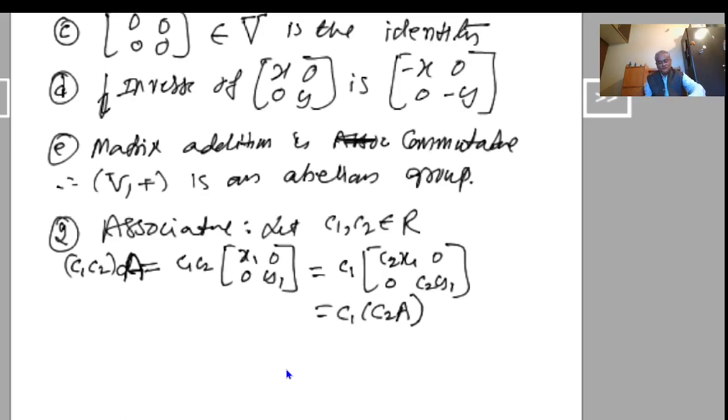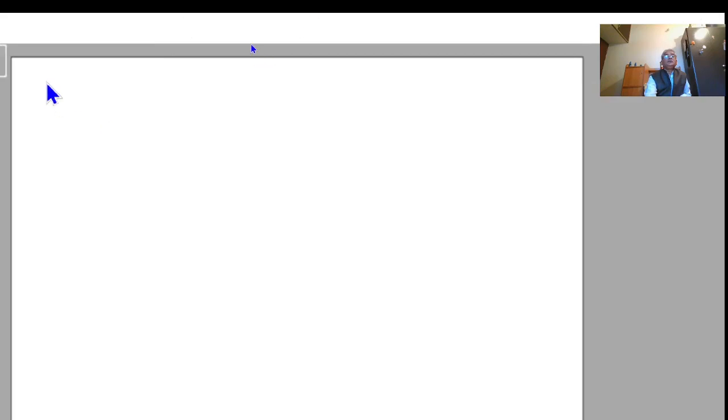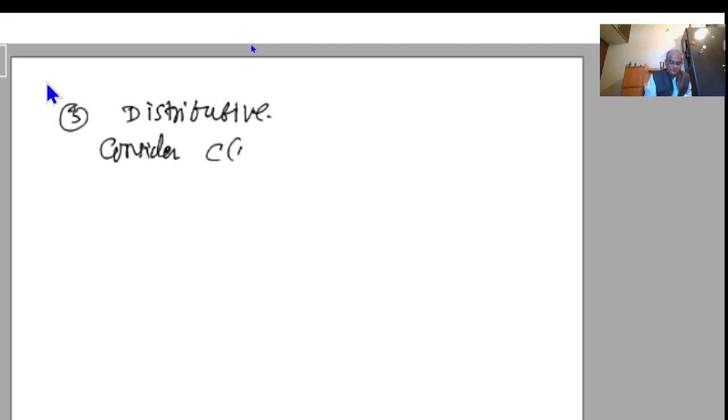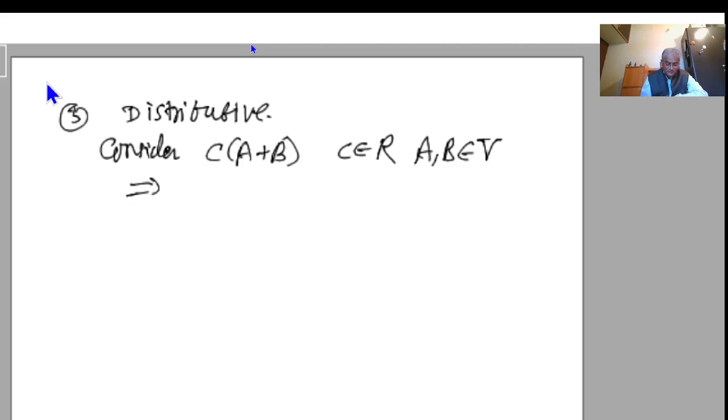Third one, distributive laws. Consider C into (A + B), where C belongs to R, and A and B belong to V. Consider this C into (A + B), where C is an element of R and A and B are matrices, that is, they belong to V. And you know that C into (A + B) can be written as CA plus CB.